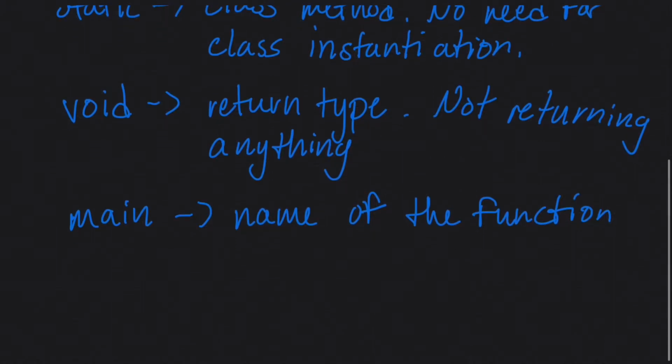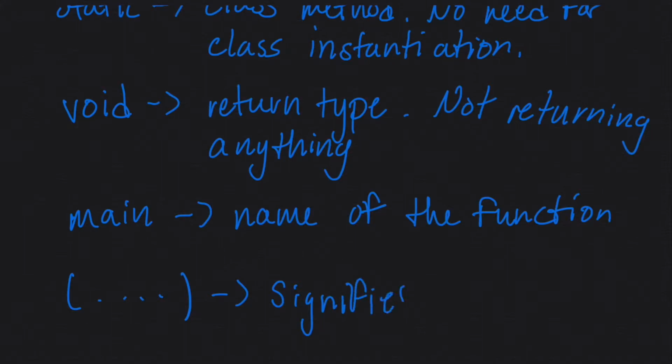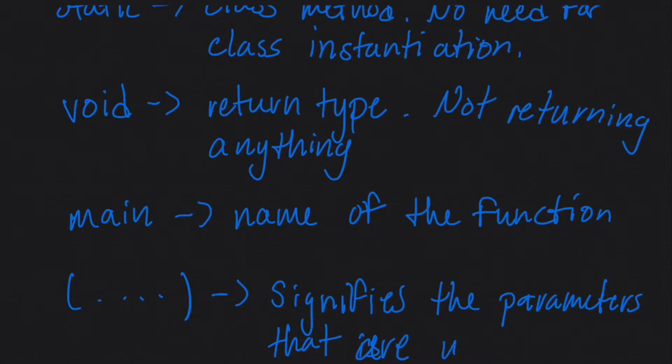Next to main, we have some parentheses, open parenthesis with some stuff inside, and then a closed parenthesis. This signifies the parameters that the function is going to use, that are used inside of the function.